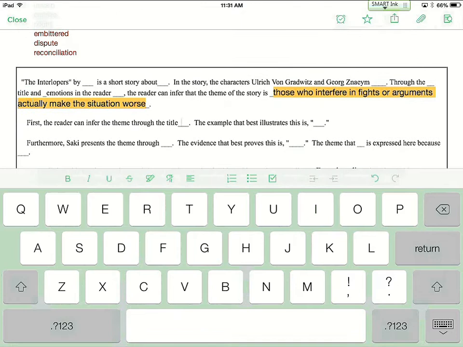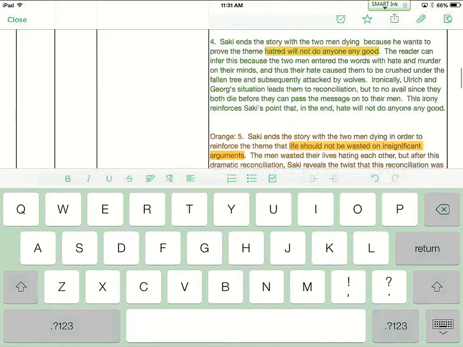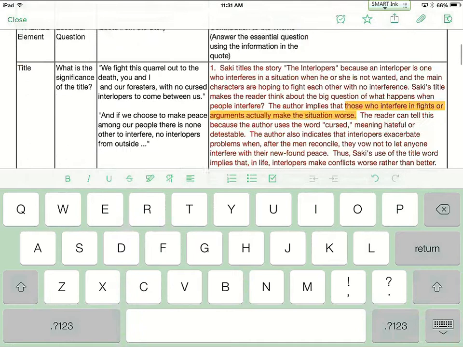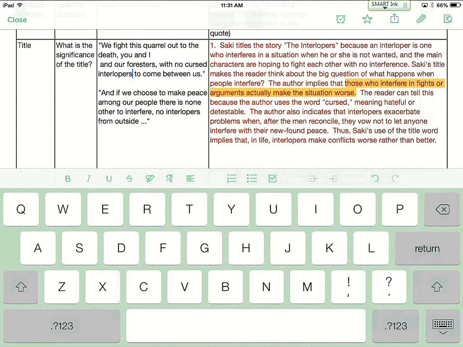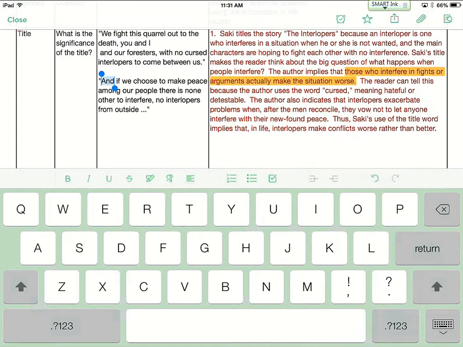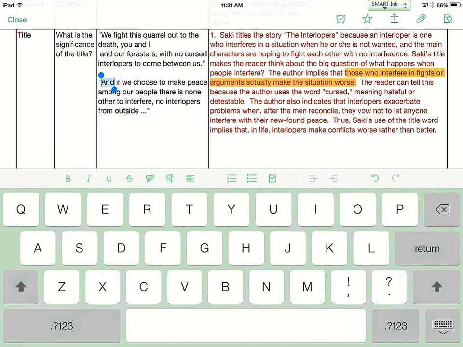The example that best illustrates this is, now go back up to the pre-writing and pick one of the two quotes. It's up to you. Copy that quote and paste it down in your body paragraph number 1.